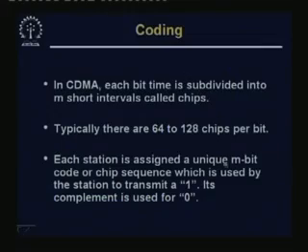Chips are again sequences of ones and zeros, 64 or 128. So, we are sending a long sequence of ones and zeros for sending maybe a single 1, but we are sending it very fast, and we can do so because we are using the entire spectrum. So, each station is assigned a unique m-bit code or chip sequence, which the station uses to transmit a 1; its complement is used for 0.